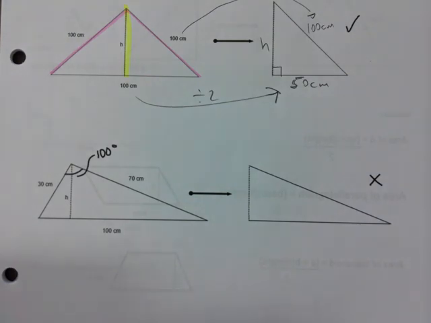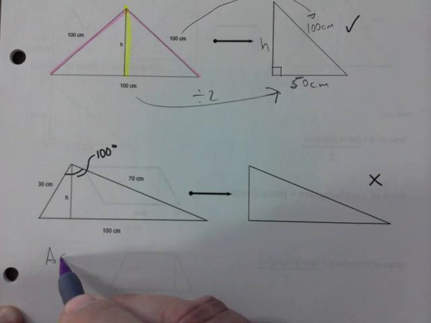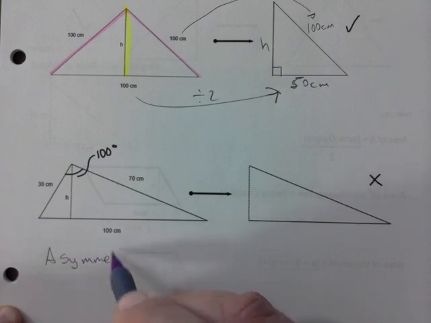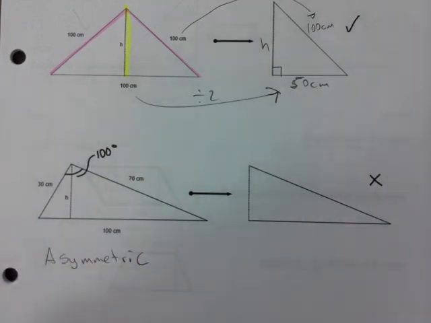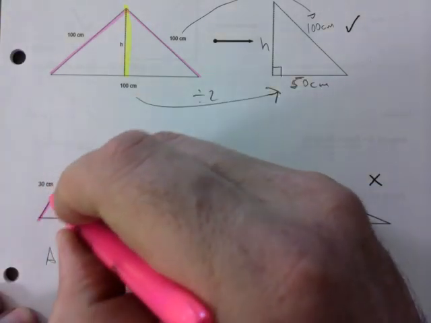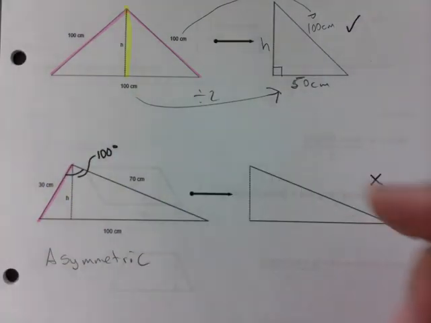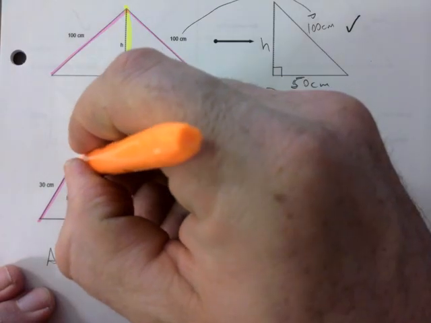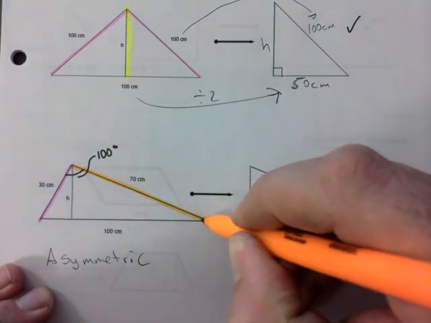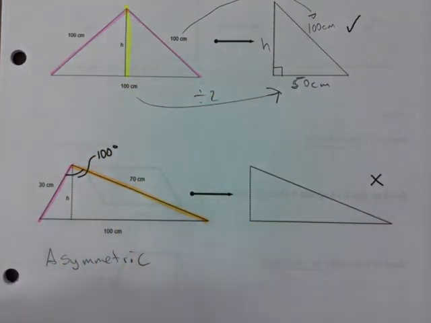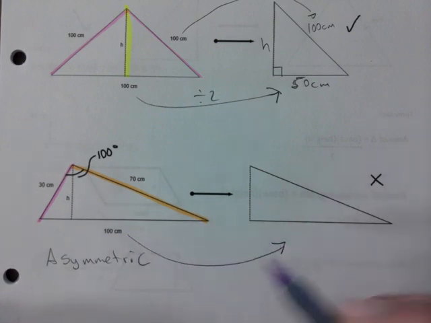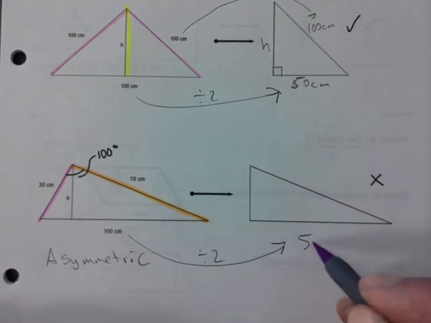But then the last one, I'm just going to make the point here. Asymmetric. By that I mean this one is different than this one. Asymmetric: you cannot divide by 2. This is wrong.